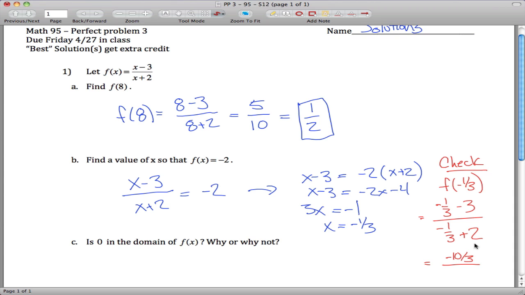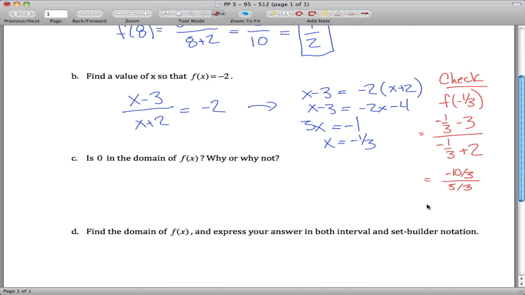And 2 is 6/3, so -1 plus 6 is 5/3. I'm kind of running out of room here, but if I divide these fractions by multiplying by the reciprocal, cancel out the 3's, I get -10 over 5, which in fact is -2.